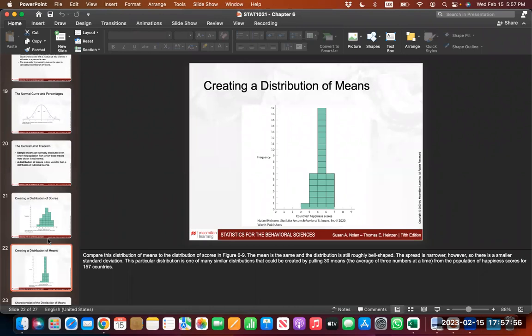So these become slimmer, and this mean of different samples is more reflective of the population mean.